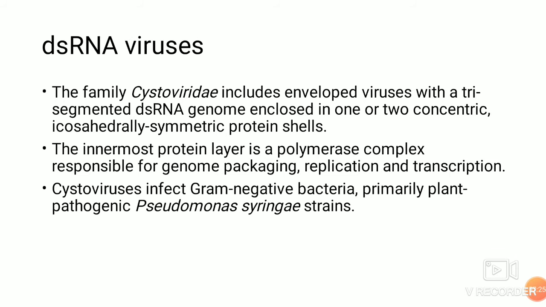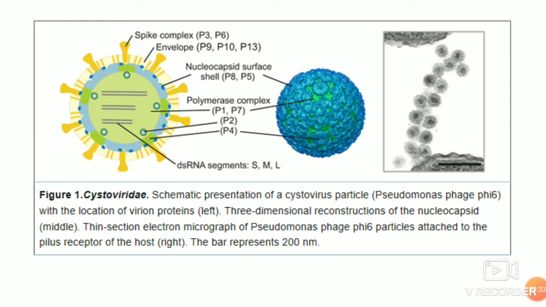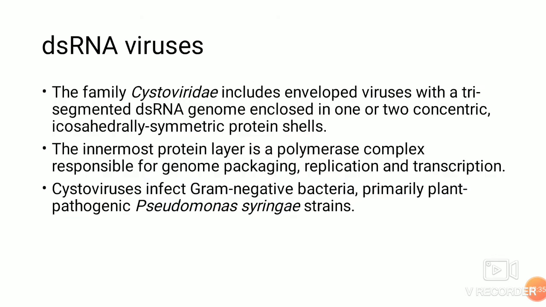The innermost protein layer is a polymerase complex. In this, you can see the innermost layer, there is a polymerase complex responsible for genome packaging, replication and transcription. Cystovirus infects gram-negative bacteria, primarily the plant pathogen Pseudomonas syringae strains.